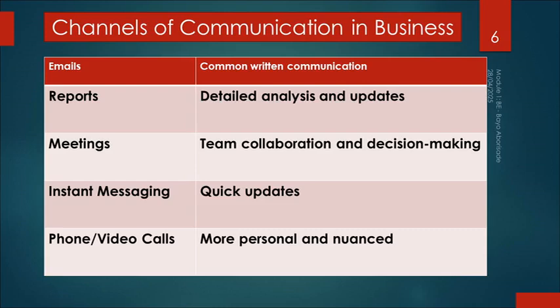Meetings. You have various types of meetings. Pair meetings, group meetings. And what are these meetings about? They are about team collaboration. 2, 3 people have been given an assignment, and you must meet to decide how you're going to go ahead with the assignment.